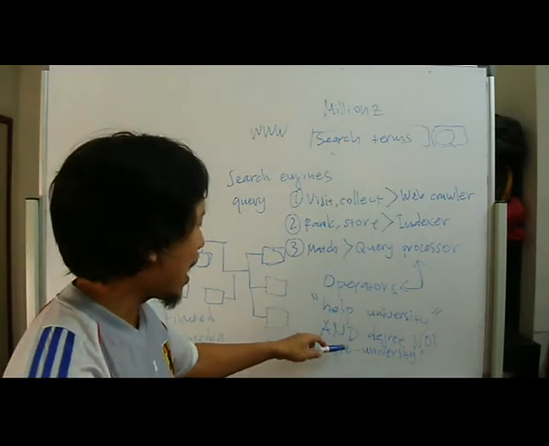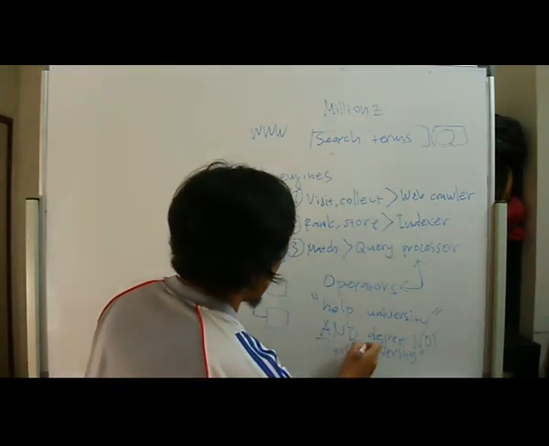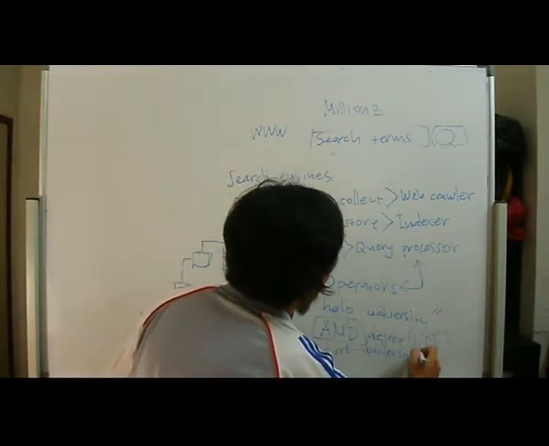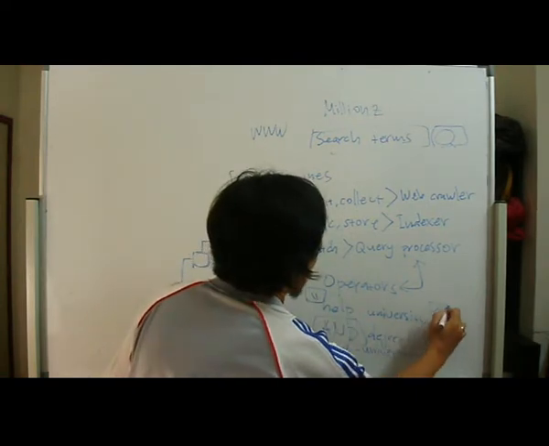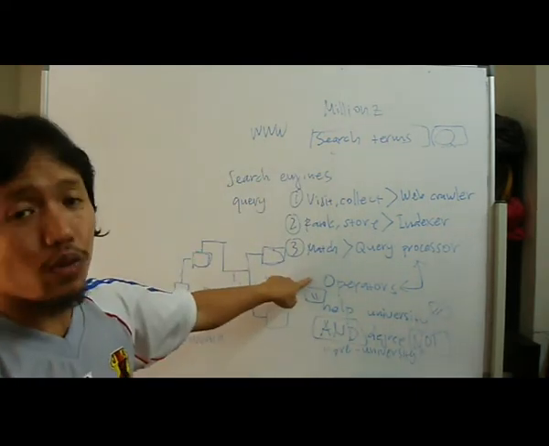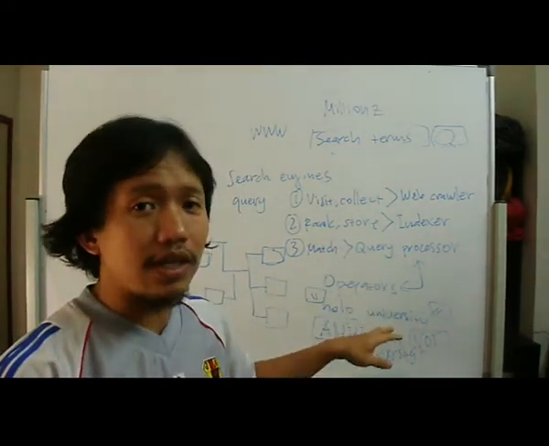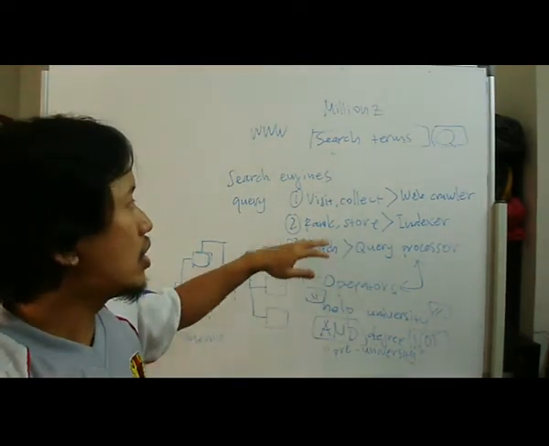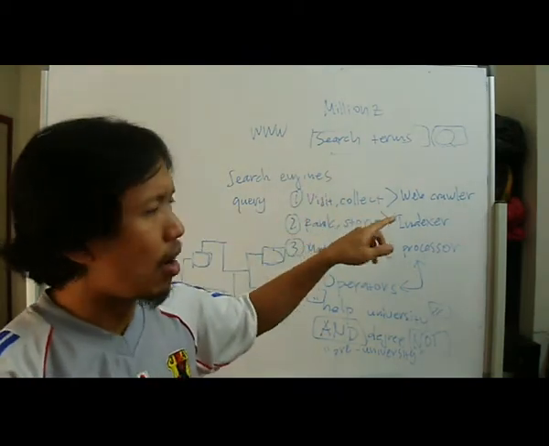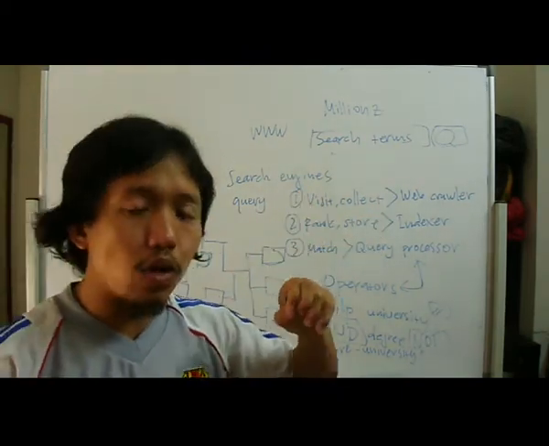All of these, for example, and, not, and these quotation marks, these are all called search operators. It will help the query processor find the exact files that you want. You can actually go to, for example, google.com and try and find what other operators it has.